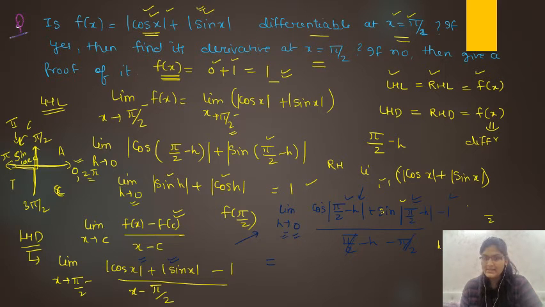The derivative of cos x is minus sin x, but because outside it is modulus, it will become plus sine. Then for sin x you have cos x, differentiation of sine is cos, so plus cos x, and then differentiation of 1 is what? 0, then we are not taking it. In the denominator, differentiation of x is 1, and this will be 0.